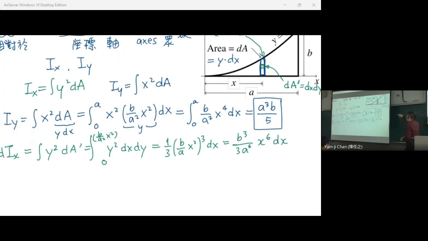We are only talking about the moment of inertia about the x-axis for this small area. So the height of this rectangle is y, right? This is equal to y. And for each area, which is equal to dx dy, we do this and this and this and this, and we go on. So for this one, then we get this one.